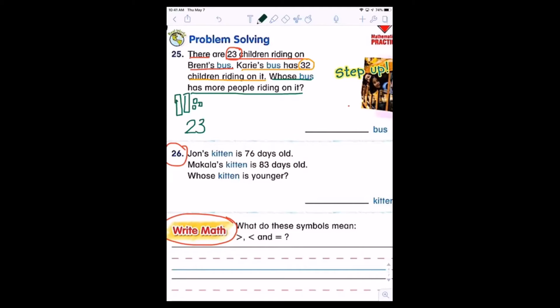Now I write 32, and I draw my 3 groups of 10, and my 2.